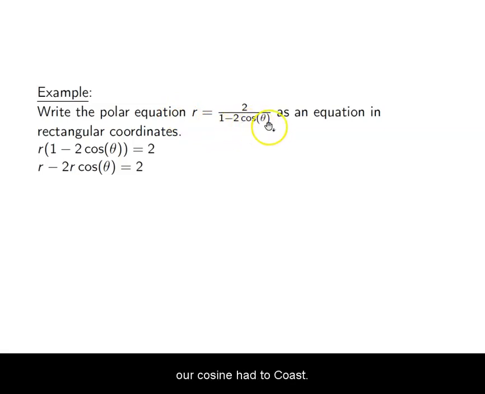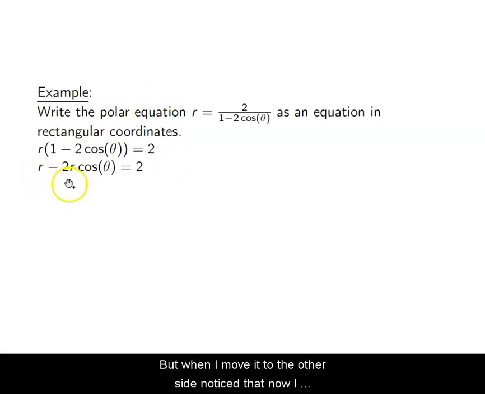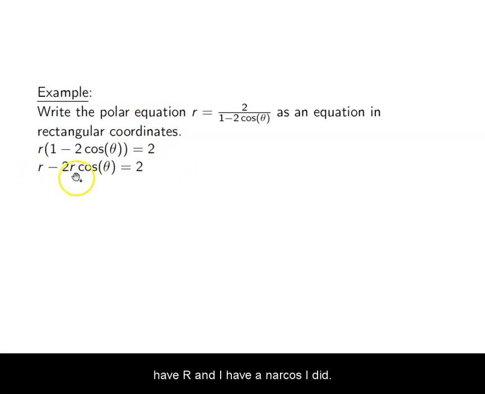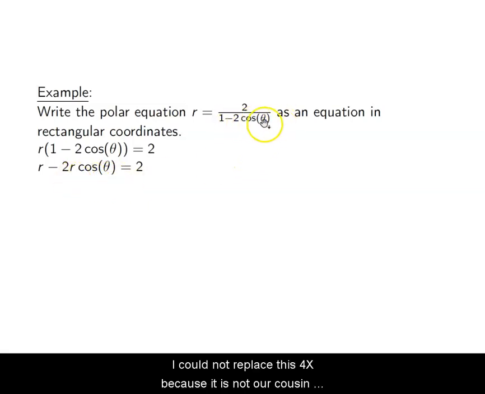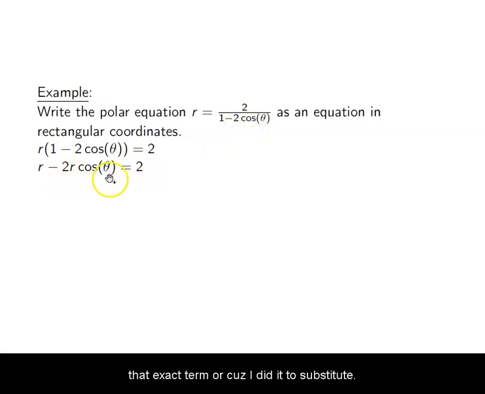I had 2 cosine. But when I move it to the other side, notice that now I have r and I have an r cosine theta. r cosine theta is the same as x. I could not replace this with x because it is not r cosine theta. It's 2 cosine theta. It doesn't work that way. I have to have that exact term, r cosine theta, to substitute my x.